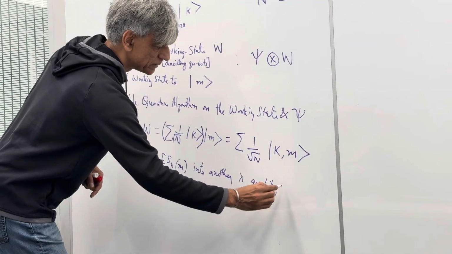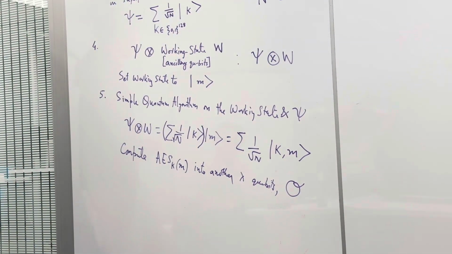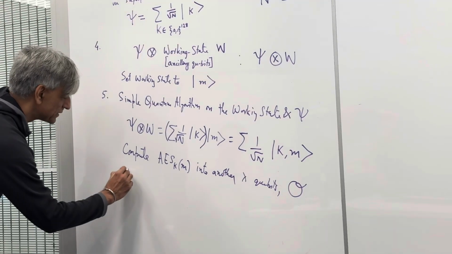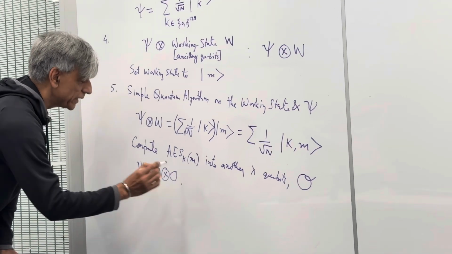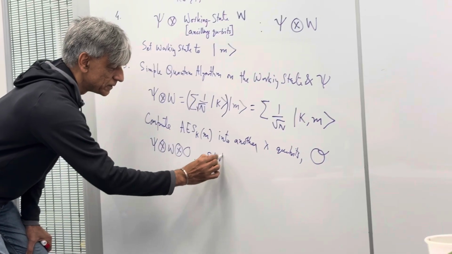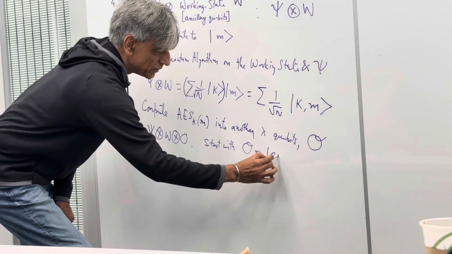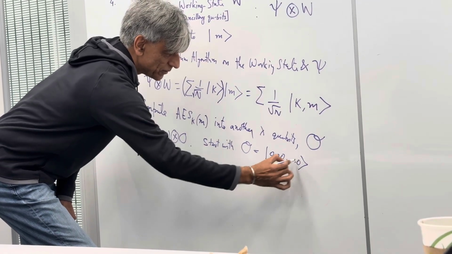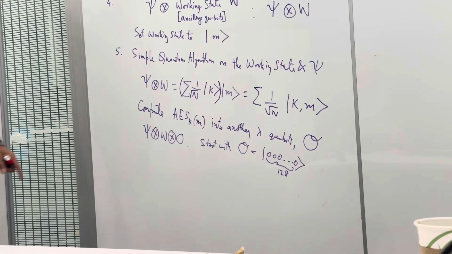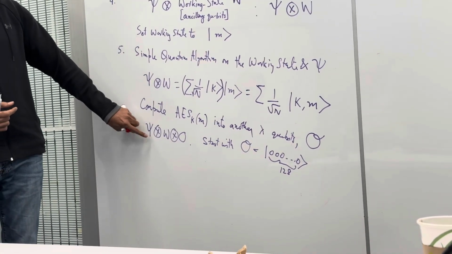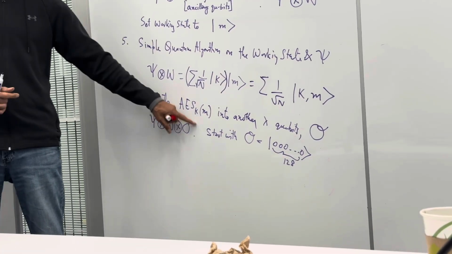Let's call it O. So we start with O equals 0, 0, 0, 0, like 128. So we have 128 bits. Those are in superposition. These are not in superposition, single, and that's also single.